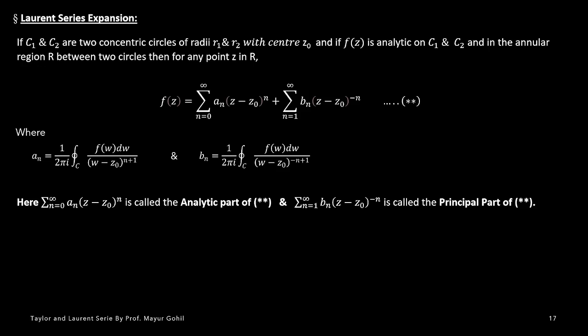Now see, here it says there are two concentric circles. I'll just take a yellow pen over here. There are two concentric circles of radii r1 and r2, either r1 is greater than r2 or something like that, and they are centered at z naught. So if you have this as z naught, I'll draw one circle, roughly a circle, and here one more circle.